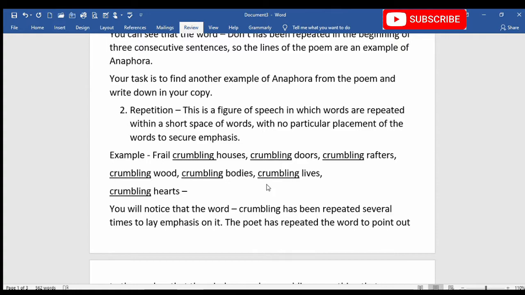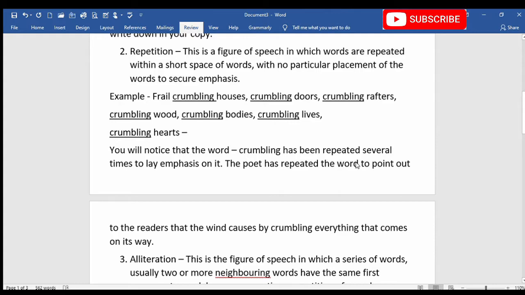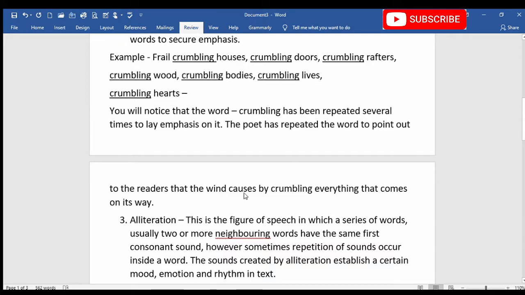He is trying to put a picture in the mind of the readers of what exactly the wind does, what is the power of wind when it blows with great force. You will notice that the word crumbling has been repeated several times to lay emphasis on it. The poet has repeated the word to point out to the readers that the wind crumbles everything that comes on its way.